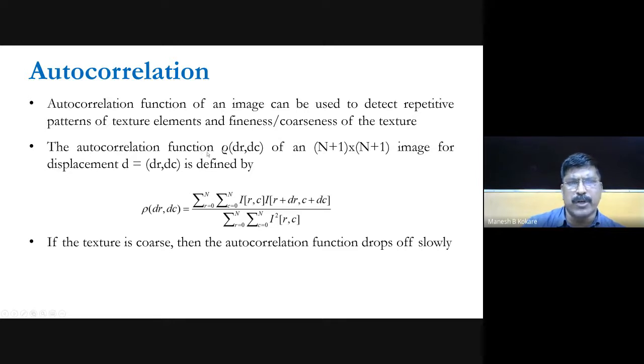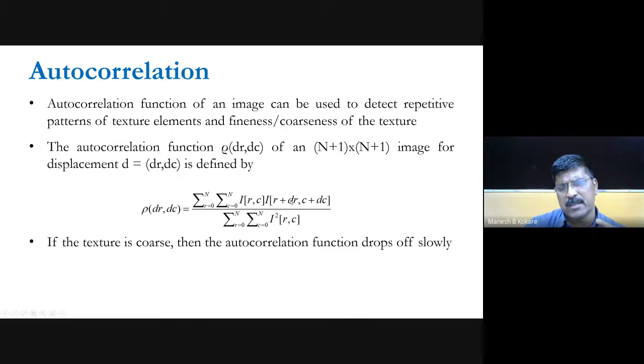So the autocorrelation function, rho(dr, dc), of an n by n image for displacement (dr, dc) is given by this relation, where r and c are the rows and columns, and dr is the displacement.